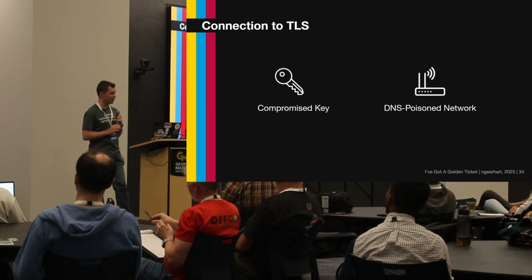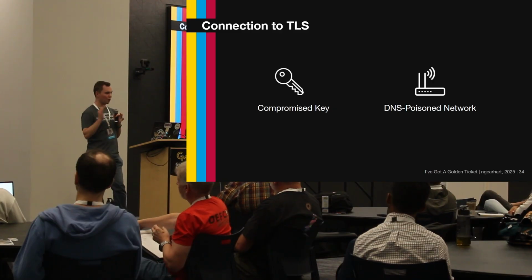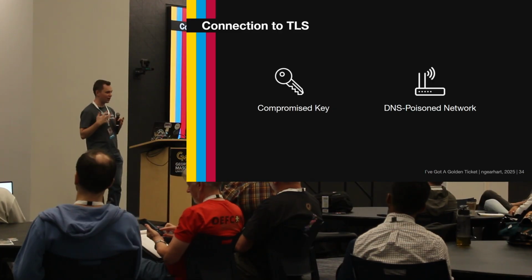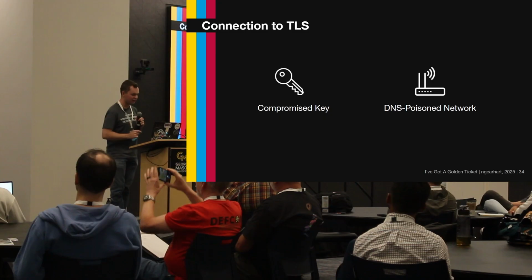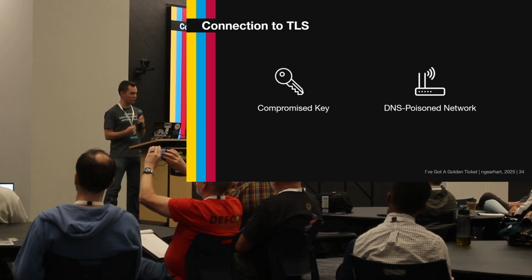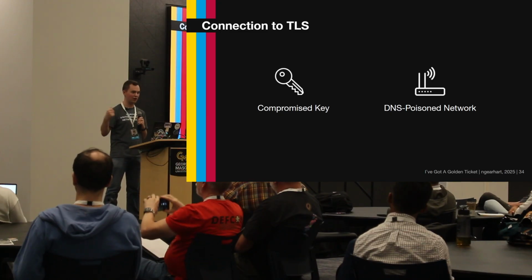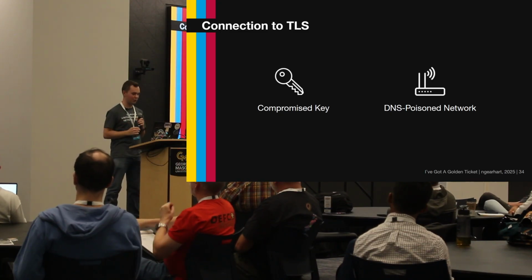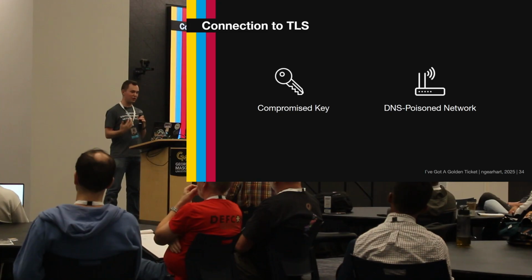Coming back to the TLS connection, right? Once again, a lot of times when we're talking about key compromise, you might think that there are these additional protections in place. Let's say I had the private key for the certificate for people.com. I can only do so much with that. But just remember, especially if you're doing a targeted attack, there's still a lot of ways that you could use that malicious key.